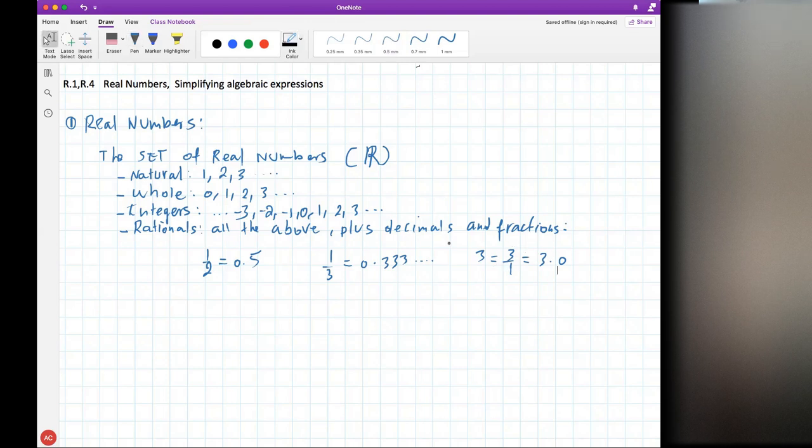It's still the same number. The format of the number changes. So that's why we said all the above are rational numbers. So rationals basically are two types of decimals: ending and repeating decimals.